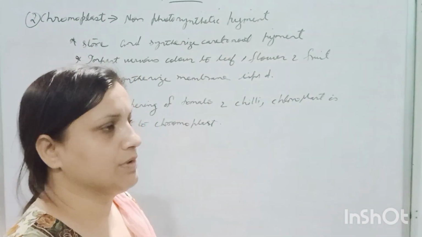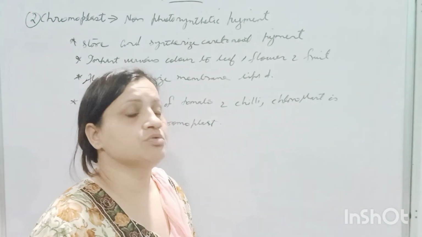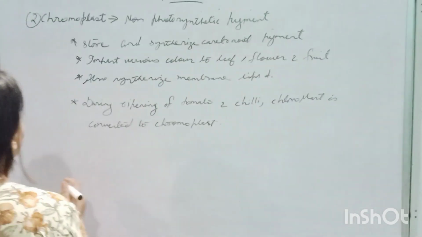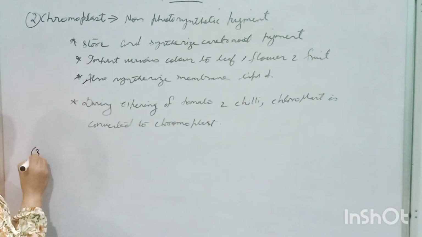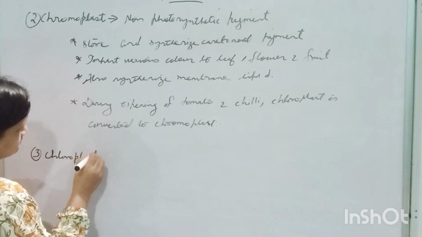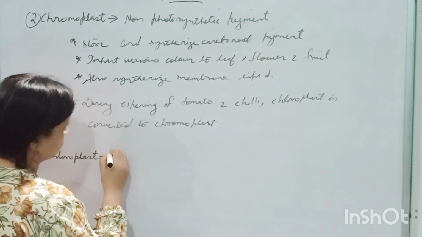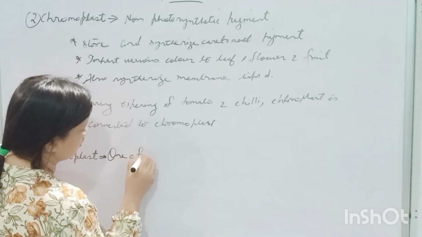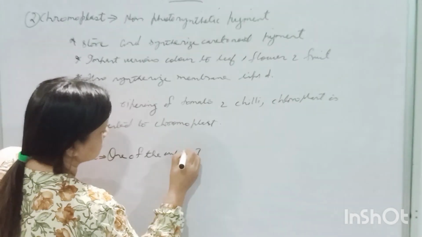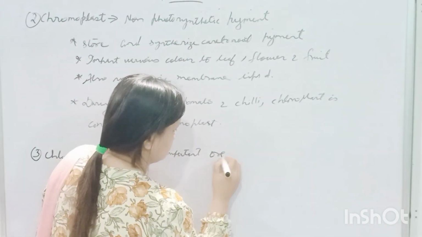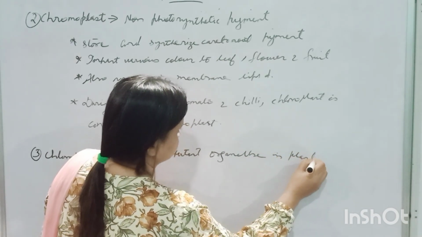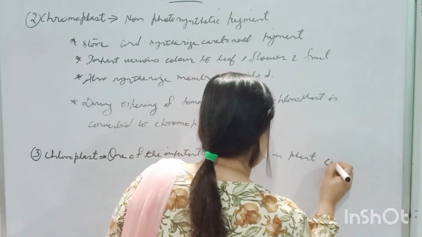Now we come to chloroplast, the main important organelle, which we will study in detail. Come, we start with chloroplast, one of the important organelles in the plant cell.